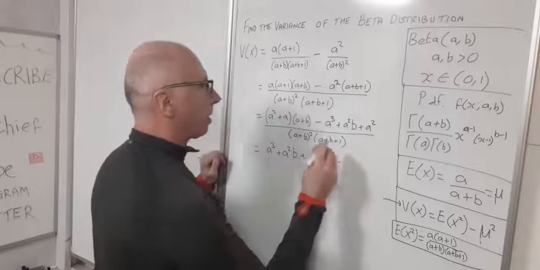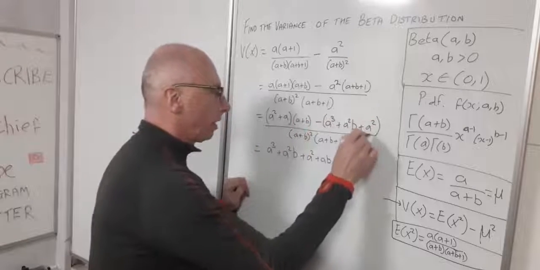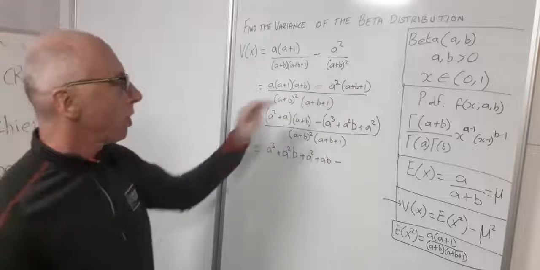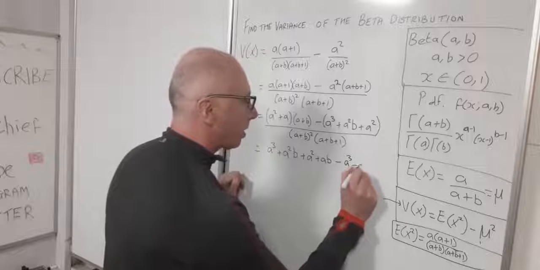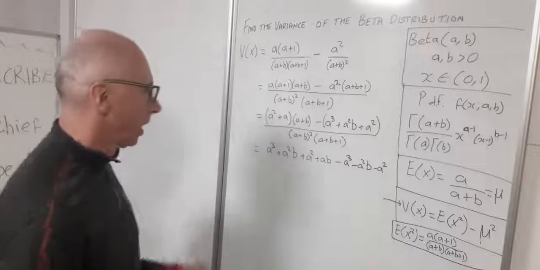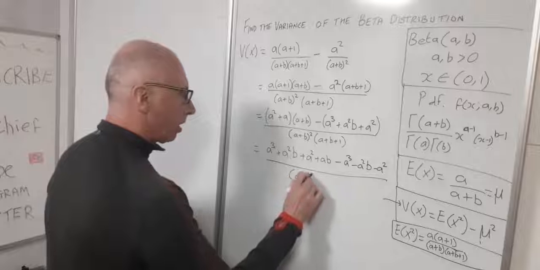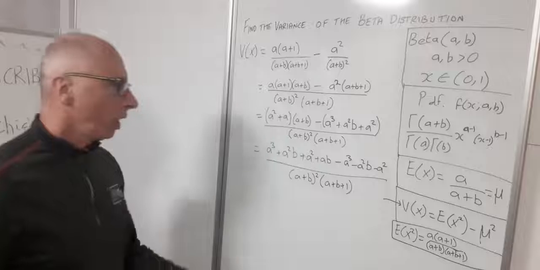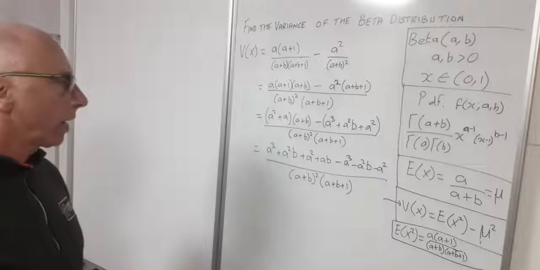So now minus, bearing in mind we need a bracket inside of this, because this is all of one term, all subtracted. So now we've got minus a cubed minus a squared b minus a squared. And then divide that by a plus b squared times a plus b plus 1. Okay, now that's quite a mouthful.